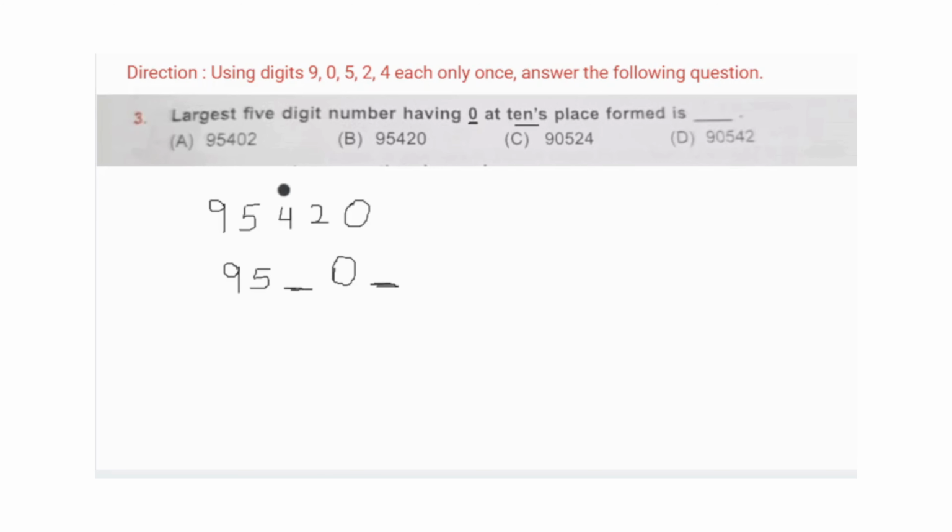The two numbers that are left are 4 and 2. Let's write this 4 and 2 in descending order. So here we get 4 and 2, which gives us the answer for the question, option A. Here 0 is in the tens place and it's still the largest 5-digit number formed by the given digits.